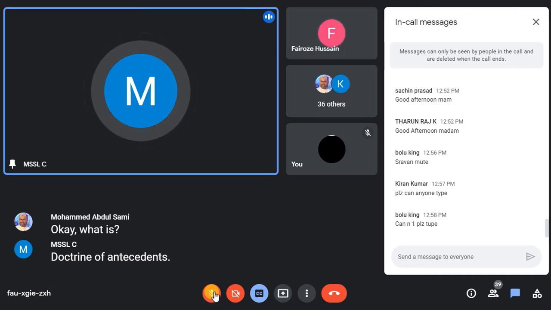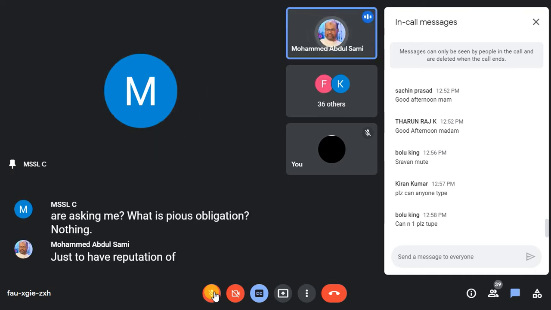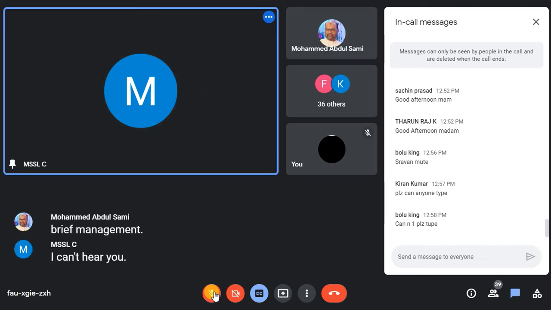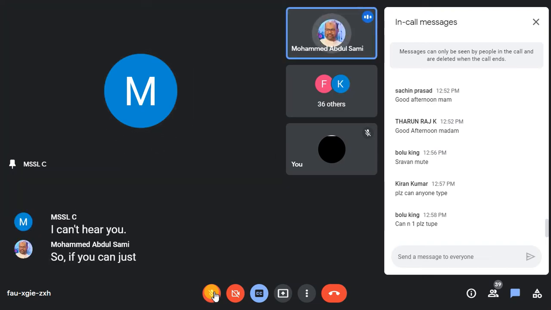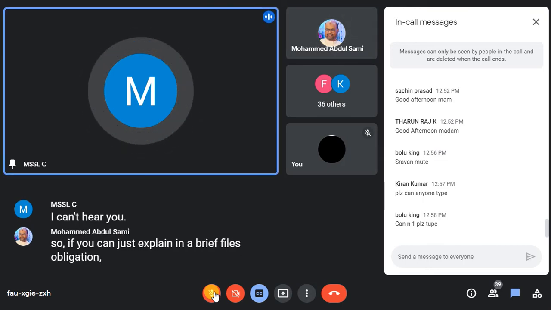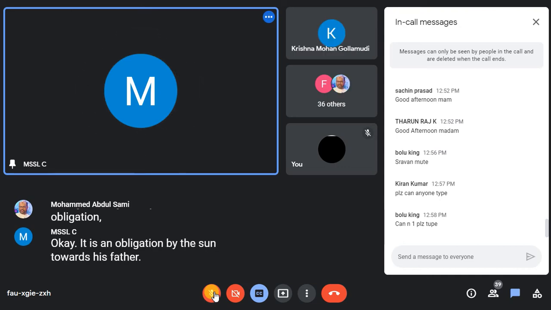You are asking me what is pious obligation, just to have a repetition of this in a brief manner. Okay, it is an obligation by the son towards his father, according to Shastric law. You were not there yesterday?